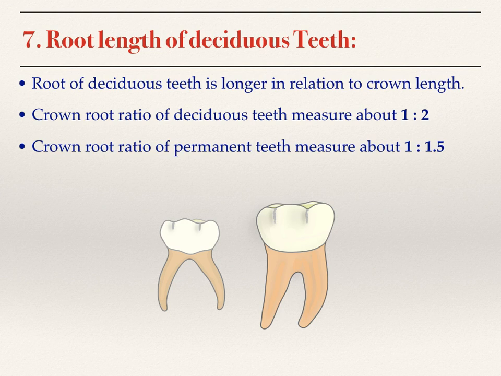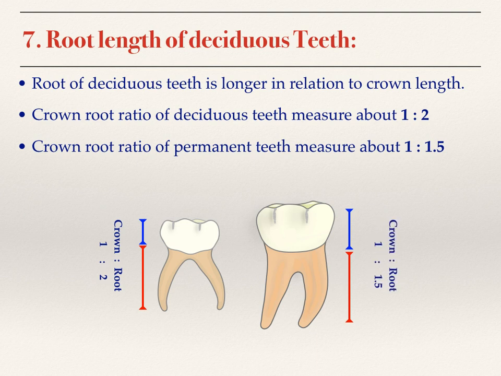The root of deciduous teeth is longer in relation to the crown length. And so the crown root ratio of deciduous teeth is 1 to 2, and the crown root ratio of permanent teeth is 1 to 1.5.